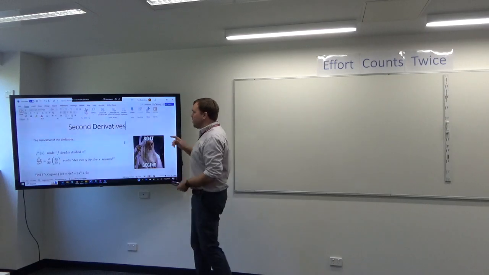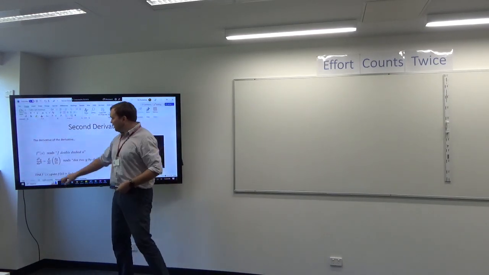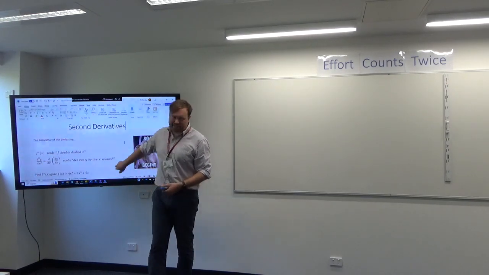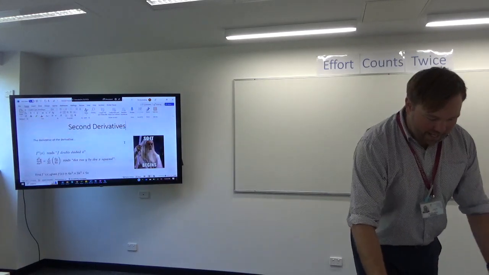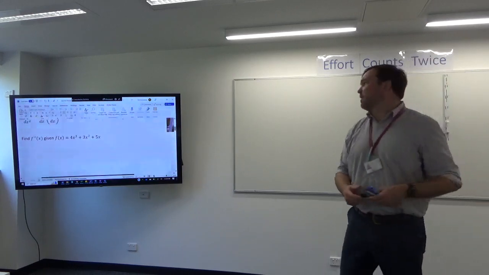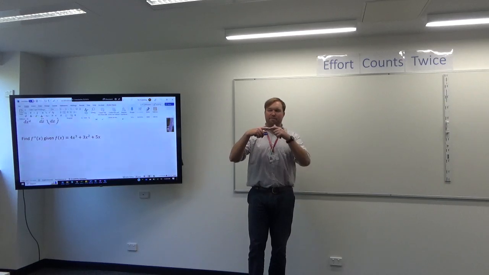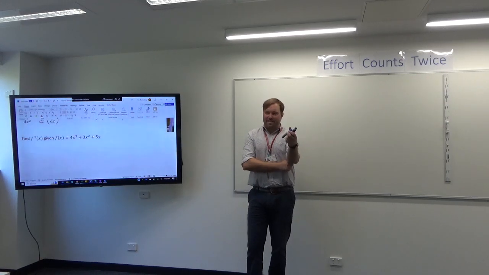Second derivative is denoted in two ways: f double dash x, or d squared y on dx squared. It is basically exactly as it sounds. Given f of x, find f double dash x. First thing you do is find the first derivative, and then from there you find the second derivative. Basically you differentiate it twice.